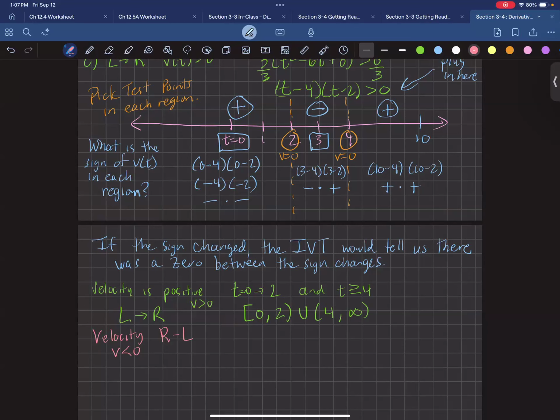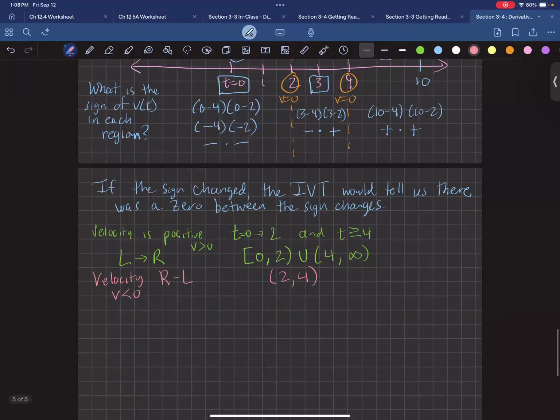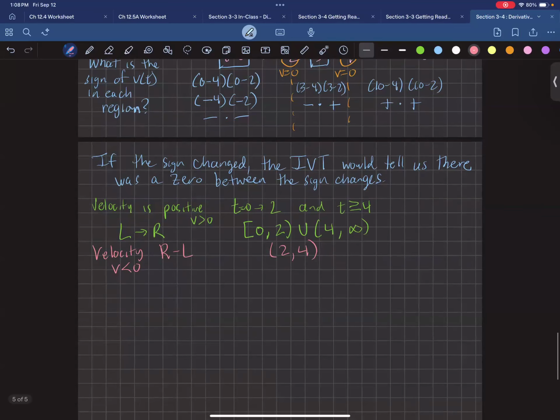And that's going to happen between 2 and 4. So 2 and 4 is when the velocity changes. I'm going to just mark its position. I'm going to figure out what is its position when it started.